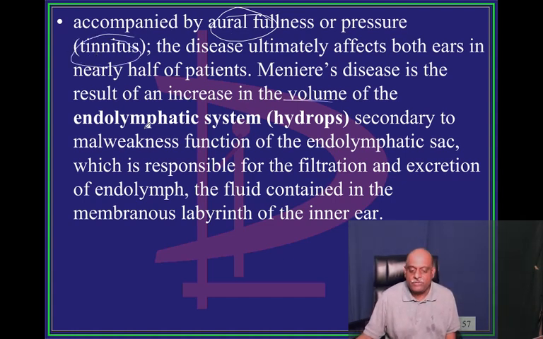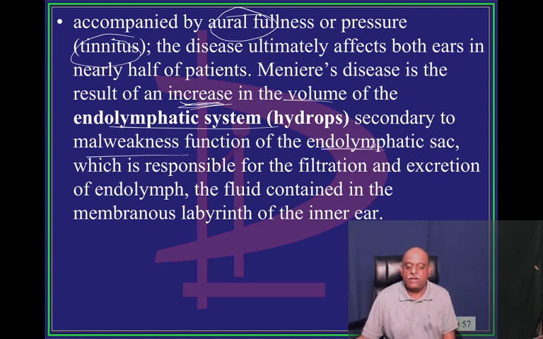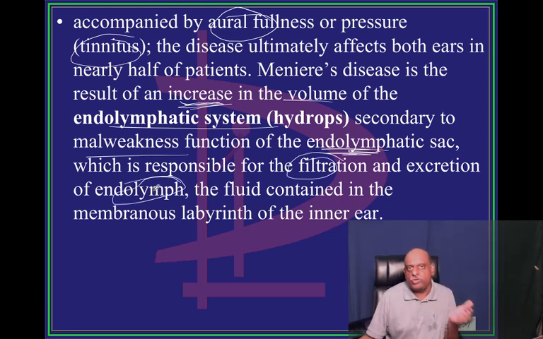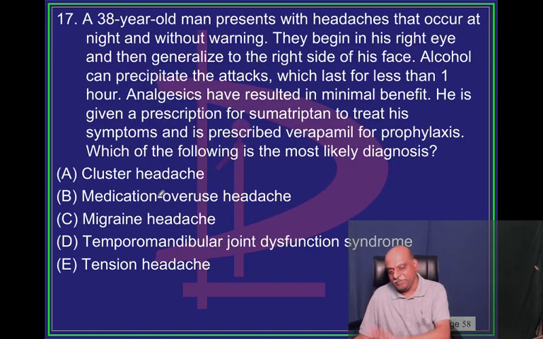So the volume of the endolymphatic system is increased because of the malfunction of the endolymphatic sac. Normally in the endolymphatic sac there is filtration, excretion of the endolymph, but it is unable to filter. It got collected, it led to hydrops, it led to fullness, it led to tinnitus. That's what you need to remember.